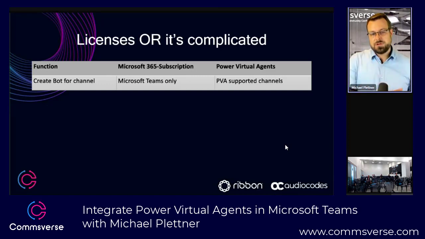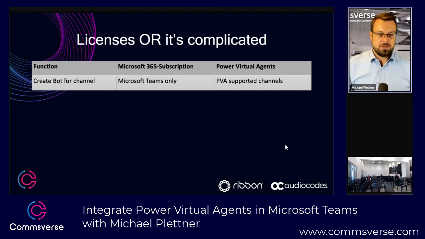Okay, so the first difference here is that creating a bot from a channel is allowed in both licenses, but with the Microsoft 365 subscription, you are just allowed to use it in Teams. So it's allowed in Teams only.